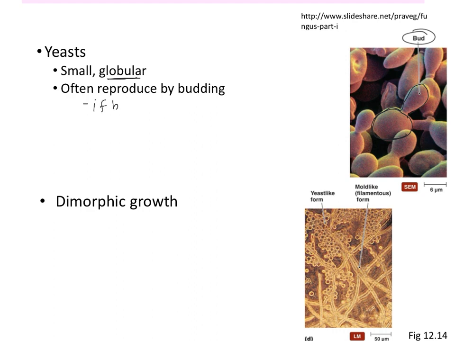If that bud fails to detach, then we have a special term for that, and it's called a pseudohyphae. So that's what it looks like over here in this picture, that mostly you have a lot of buds that aren't quite detaching.